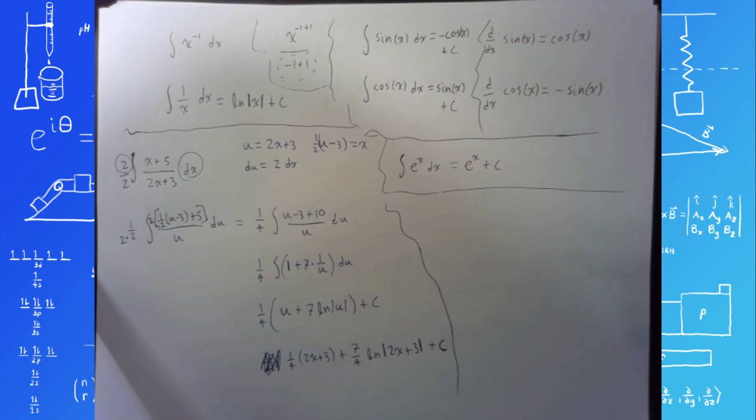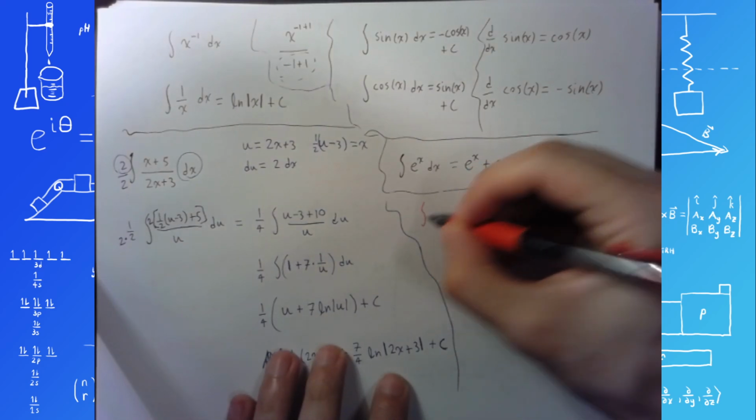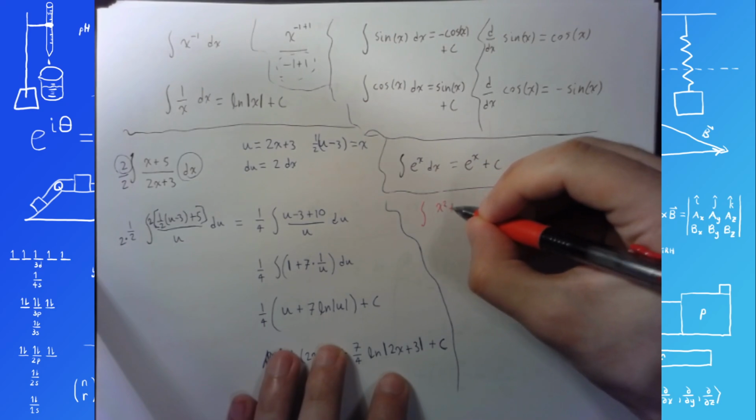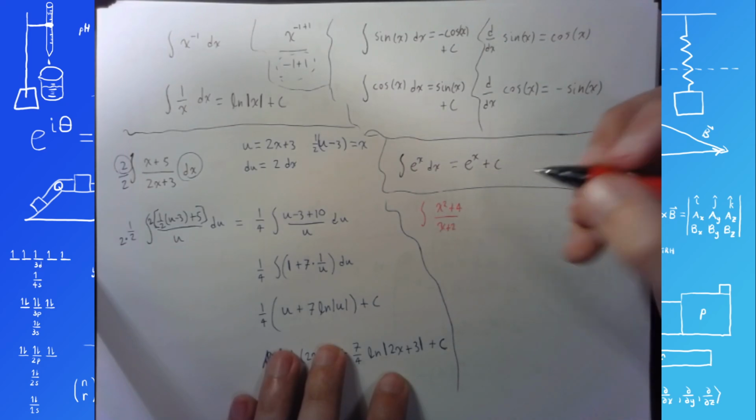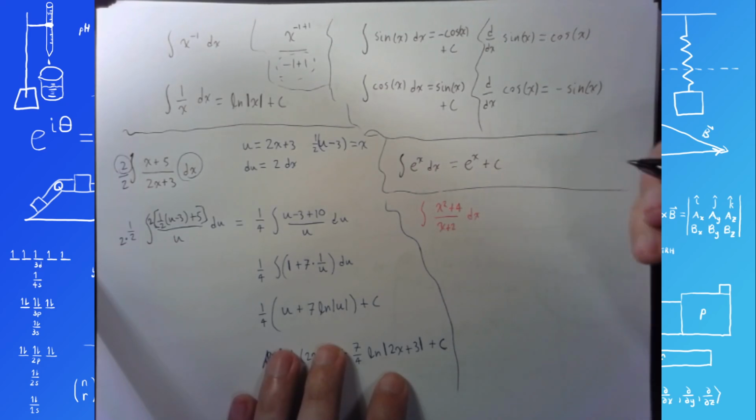So we have the integral of x squared plus 4 over x plus 2 dx. What do I want to use here?